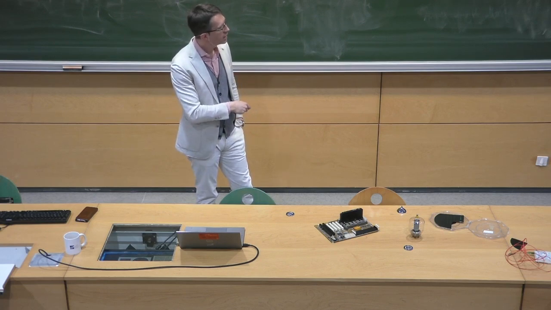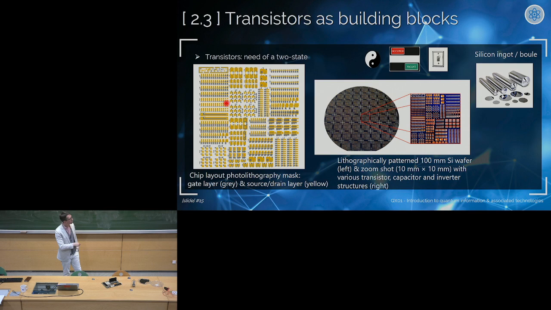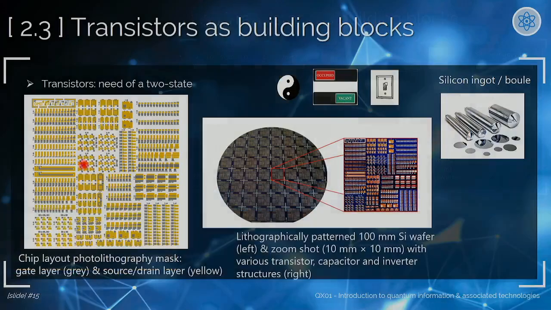So here you have typically a chip layout, a photolithography mask, sorry. You can see that the gate layers are in gray, and the source drain layers are the yellow parts. So this is the drawing. And what I showed you is typically what it looks like once the actual lithography has been done, with many technological and engineering steps, to make such a device where you can have various transistors, capacitors, inverter structures, and so on and so forth.